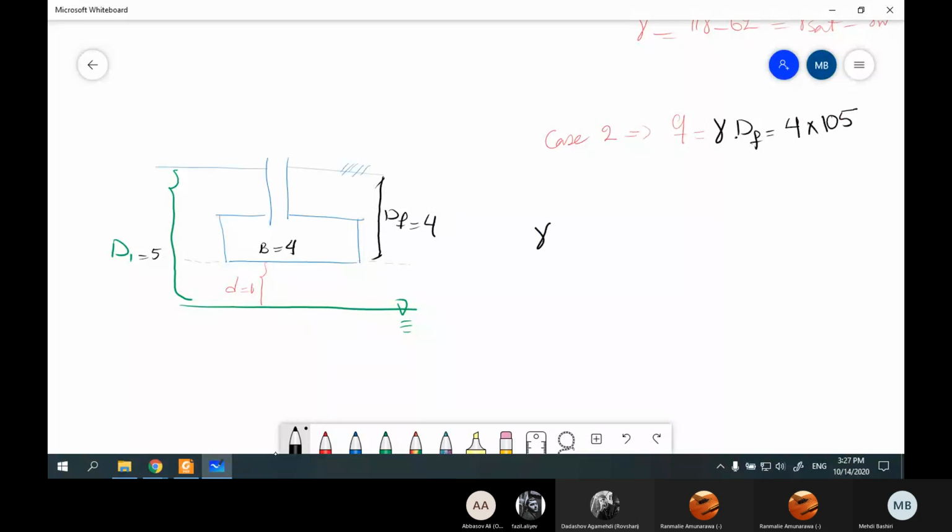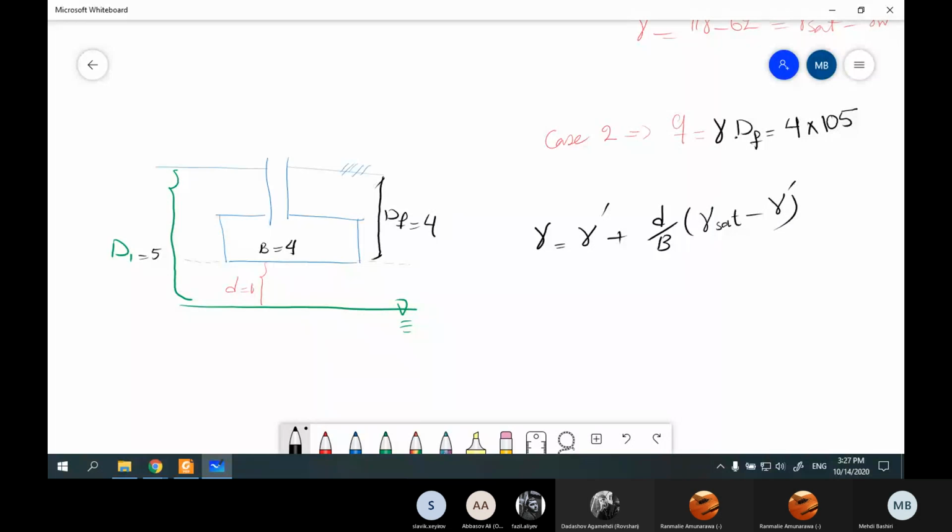What about gamma? In this case, as I said, gamma is equal to gamma prime plus d over B times gamma saturate minus gamma prime.